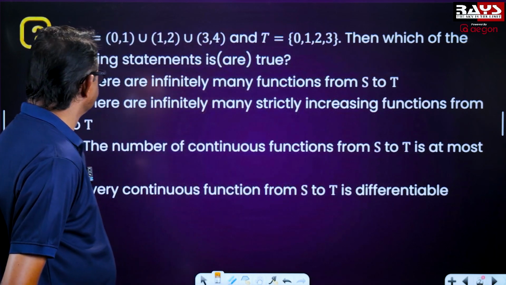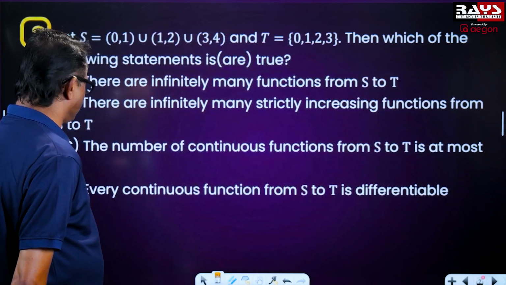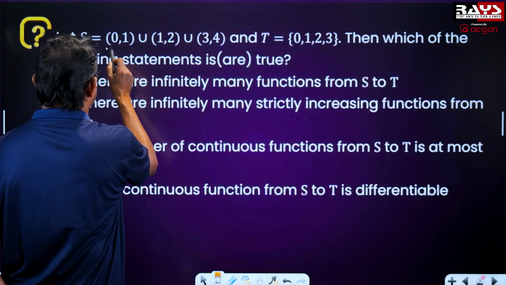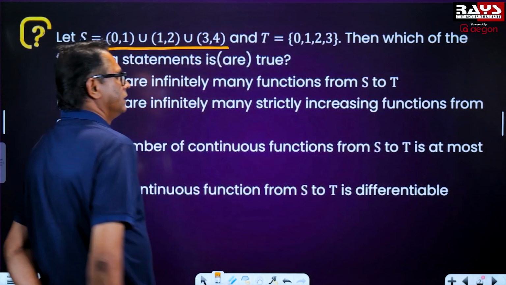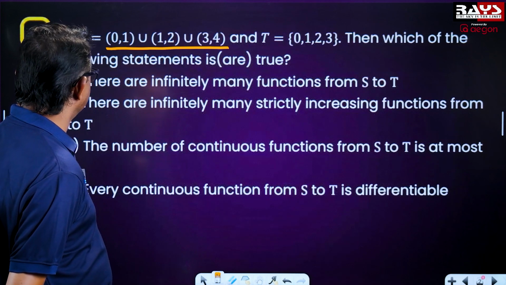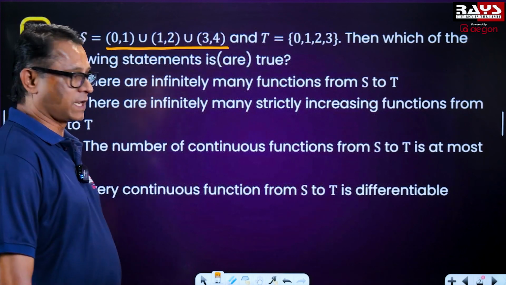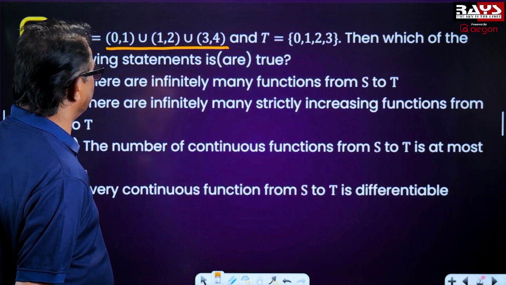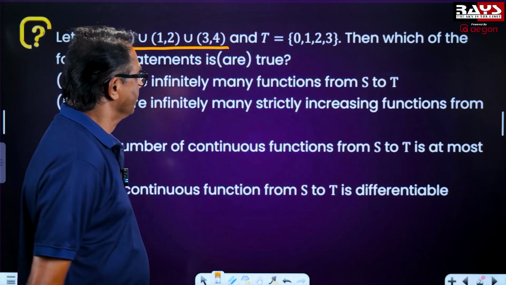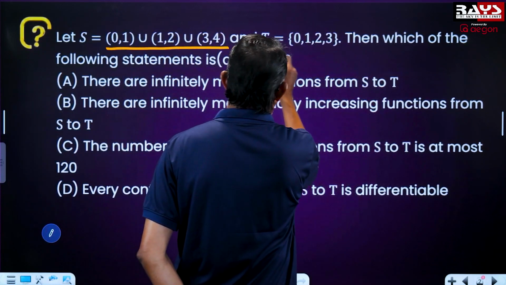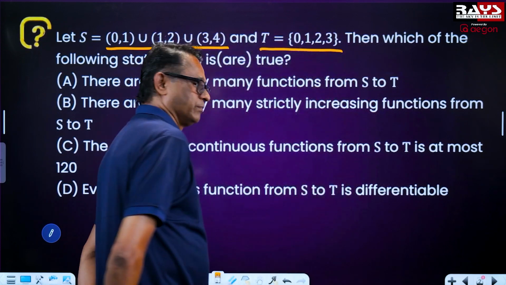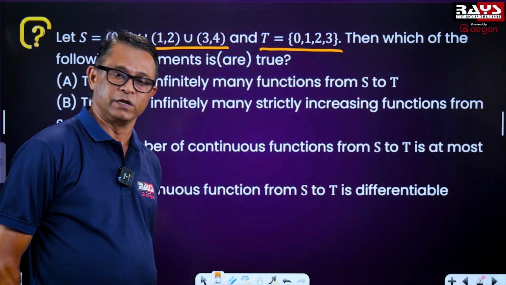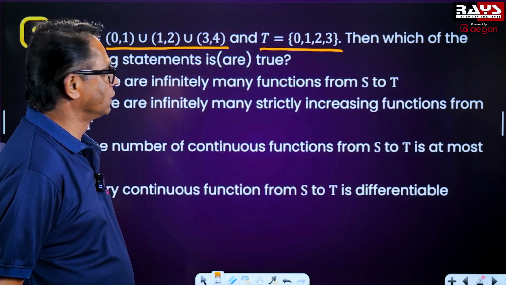Now when you look at the domain, this is the domain of the function. The domain is a union of three open intervals: (0, 1) union (1, 2) union (3, 4). And T is the codomain, that is, the set {0, 1, 2, 3}.